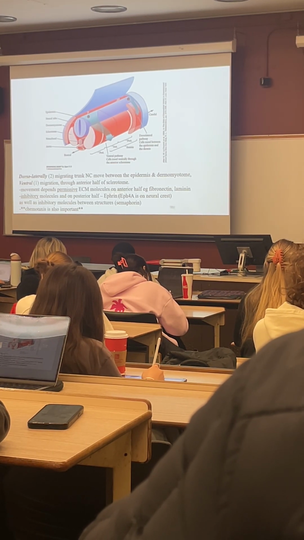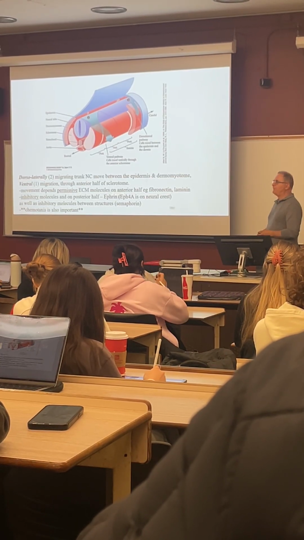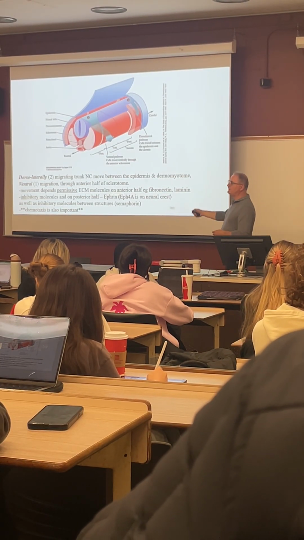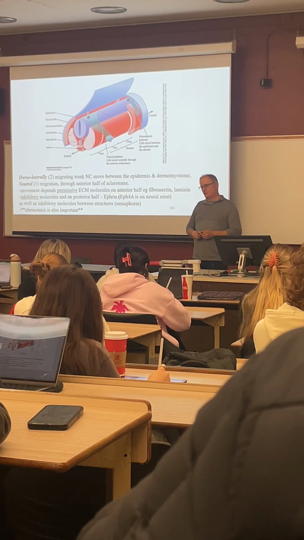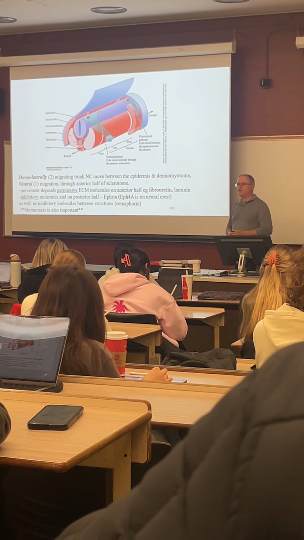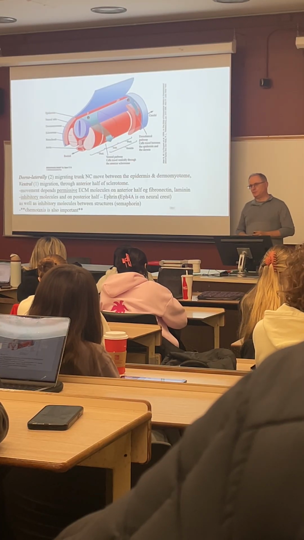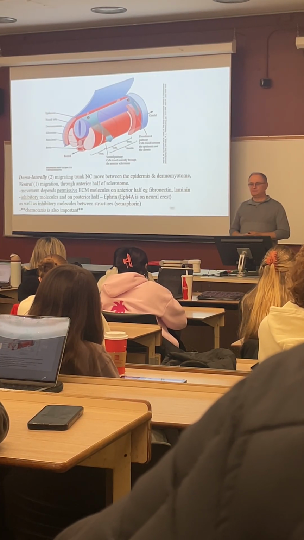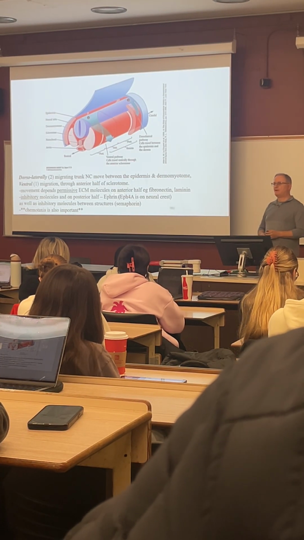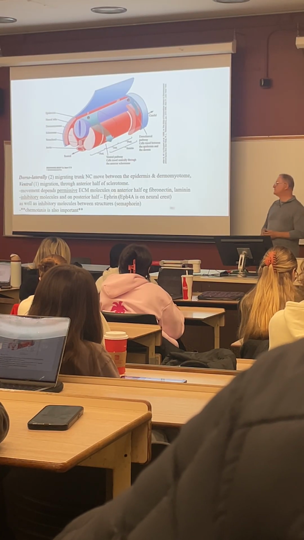Okay, so that's the ventral route. The ventral route is going through the anterior part of the sclerotome because there's fibronectin there, and not the posterior part of the sclerotome because there's ephrin there, and the ephrin receptor is on the neural crest cells.